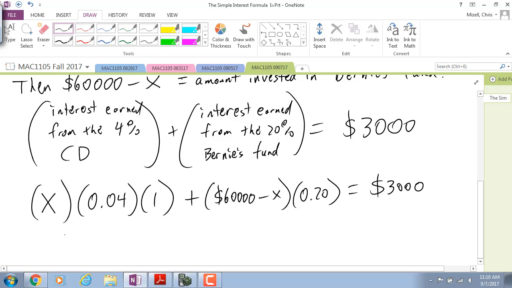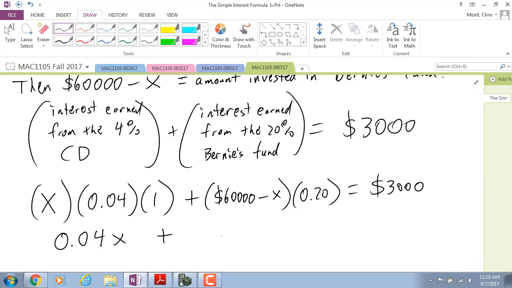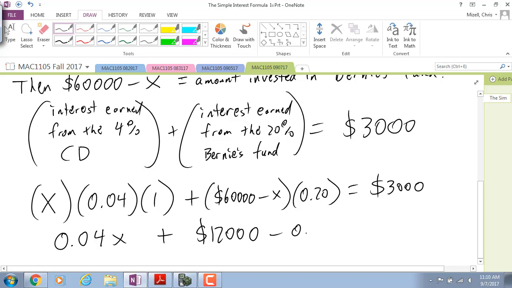So simplifying, we get 0.04x plus, if we distribute the 0.20 across the parentheses, 20% of $60,000. I did not calculate 20% of $60,000. What is 20% of $60,000? How much? $12,000. $12,000 minus 0.20 times X.